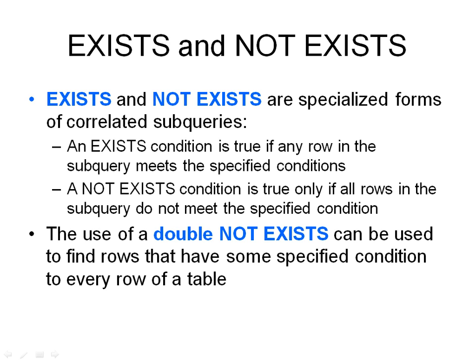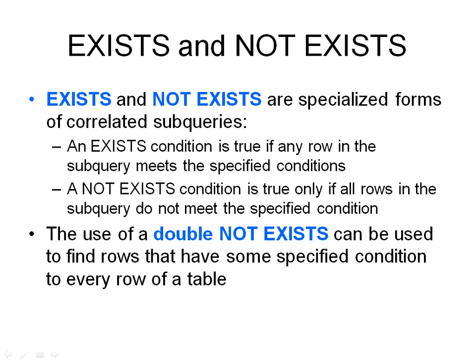Other specialized forms of correlated subqueries are EXISTS and NOT EXISTS. An EXISTS condition is true if any row in the subquery meets the specified conditions. A NOT EXISTS condition is true only if the rows in the subquery don't meet the specified condition.